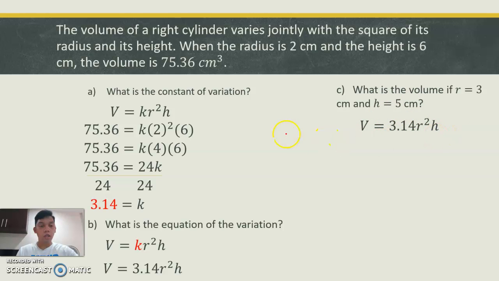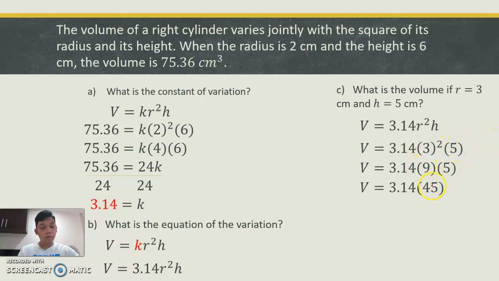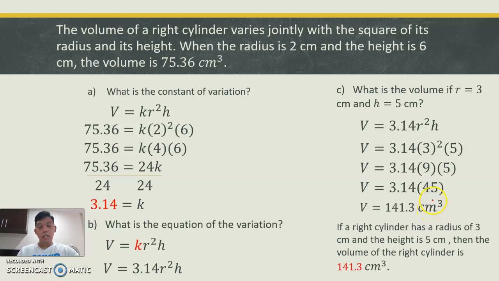So just replace the radius and the height: 3.14 times 3 squared times 5. 3 squared is 9, times 5 is 45, and 45 times 3.14 is 141.3 cubic centimeters. So if a right cylinder has a radius of 3 centimeters and a height of 5 centimeters, the volume would be 141.3 cubic centimeters.